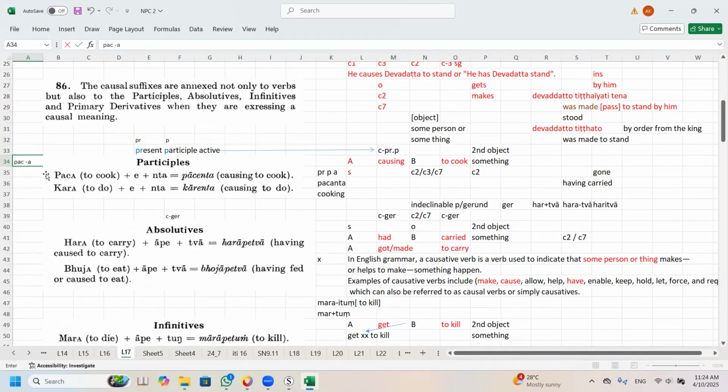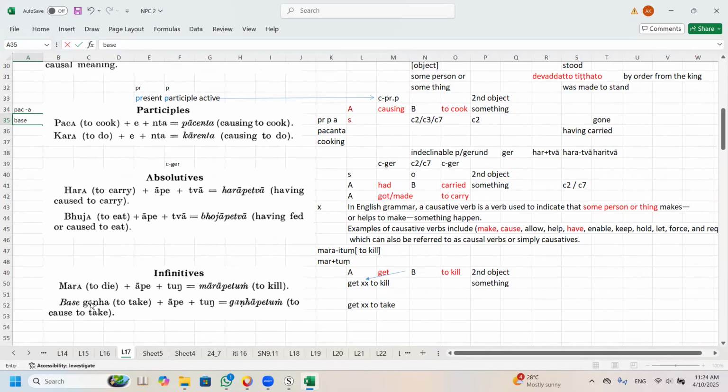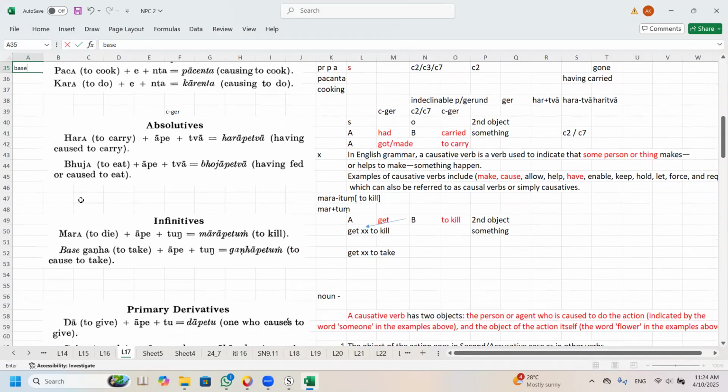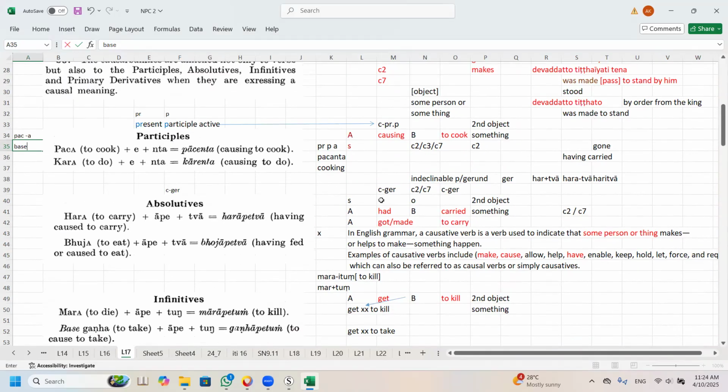Pachati means the form of a verb, then this becomes a base. Pacha is a base. So all of this, the long A, is a base. Yeah, thank you. Okay, this part you are clear.